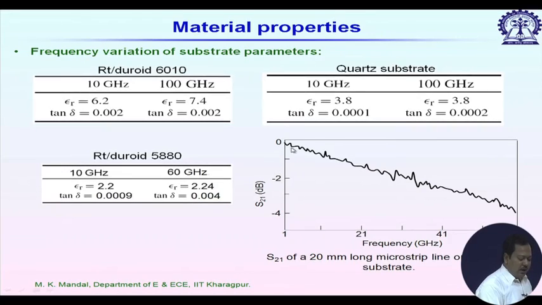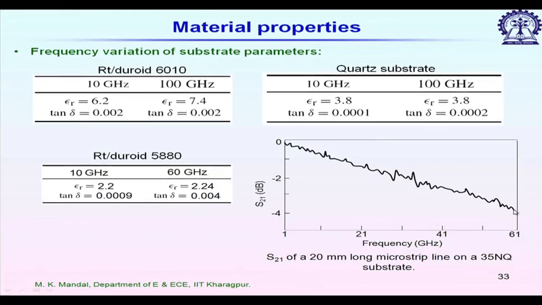Now, we are doing one experiment. We are fabricating, let us say, a 20 millimeter long microstrip line, which is basically a form of transmission line, on a 35 NQ substrate, and then we are measuring S21 and plotting it over the frequency range. Look at the variation of loss.